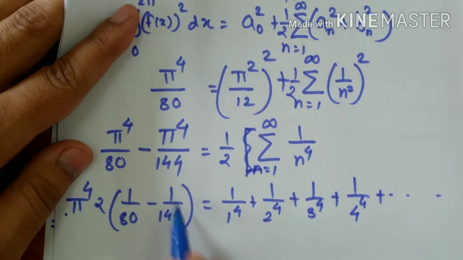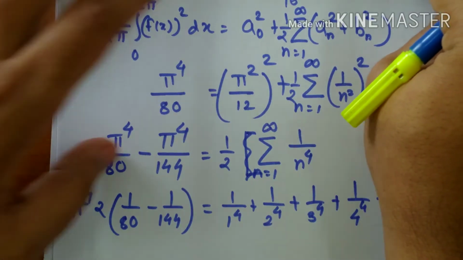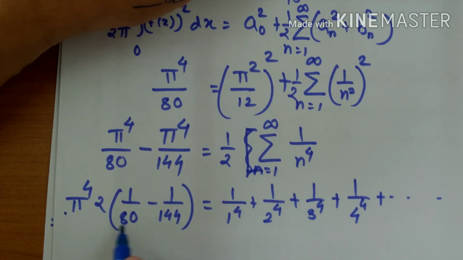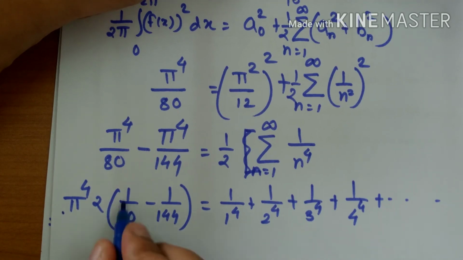Now what is the value of 1 upon 80 minus 1 upon 144? What will be the LCM? That is 720. So cross multiplying, here we need to multiply by 5 and here by 9.